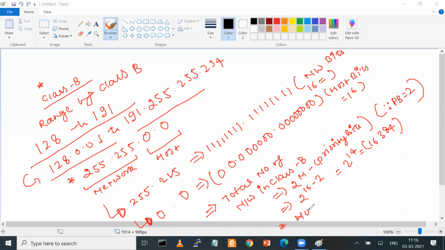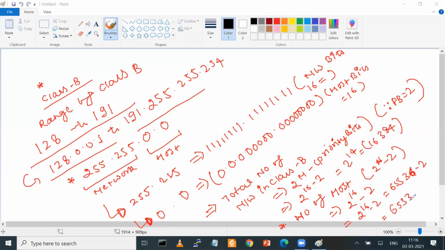And the number of hosts or users: 2 to the power 16 minus 2. Again, the host calculation formula is 2 to the power h minus 2. 2 to the power 16 minus 2, which is 65,536 minus 2, equal to 65,534.